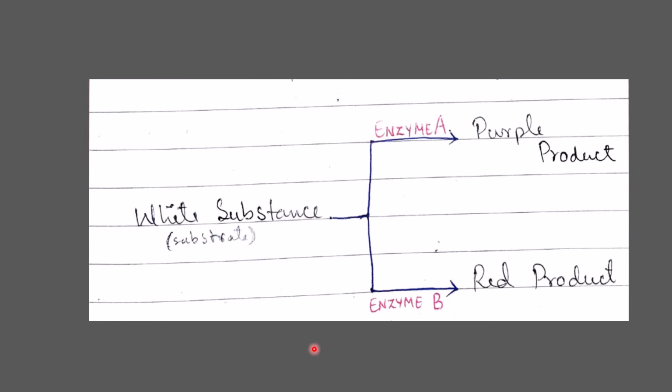There is a white substance which is called the substrate. In this case, enzyme A and enzyme B compete for the same substrate, the white substance.